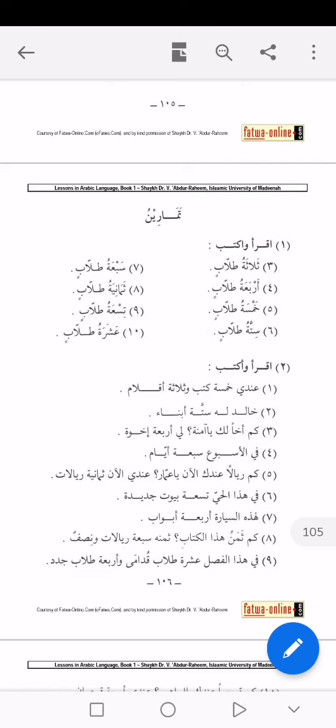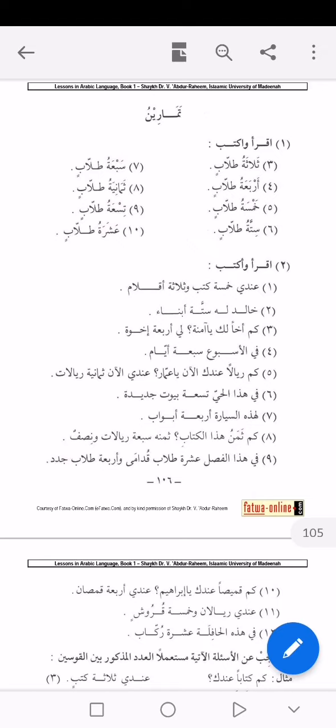In this area there are 9 new homes. This car has 4 doors. How much is the price of this book? Its price is 7 and a half riyals.